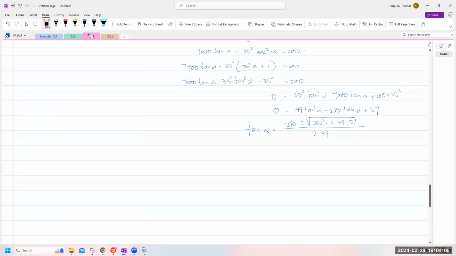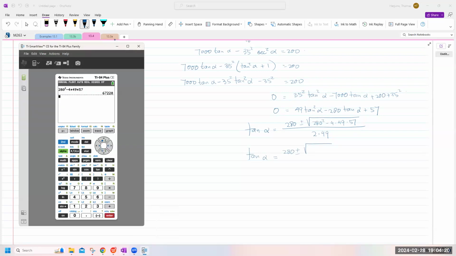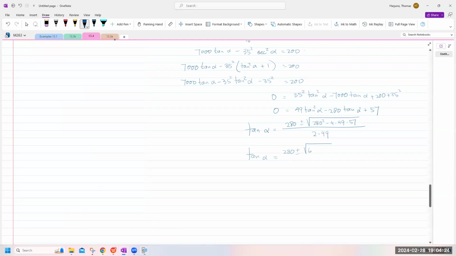Anyway, that will give us tangent alpha equals 280 plus or minus the square root of 67,228, over 98. Actually, we can reduce this a little bit.